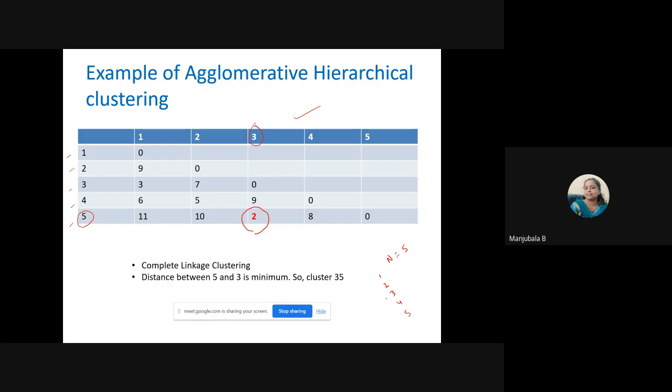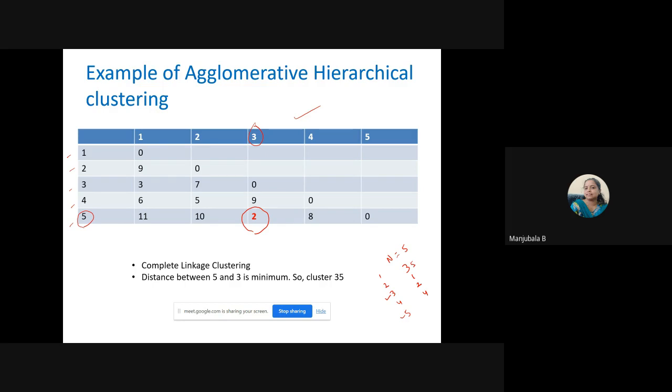Now the distance between data point 3 and data point 5 is minimum, so we are going to combine 3 and 5, right? So what are the clusters now? 3, 5 will be combined, so this is one cluster. Then the remaining singleton clusters are 1, 2, 4. Again, you have to update the distance matrix, right?